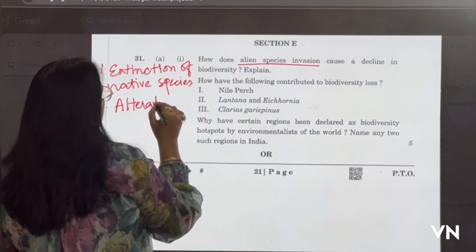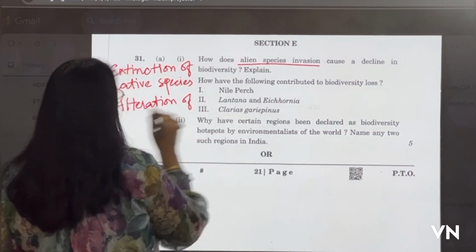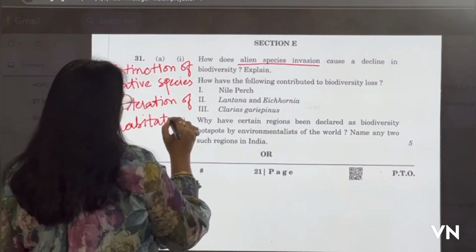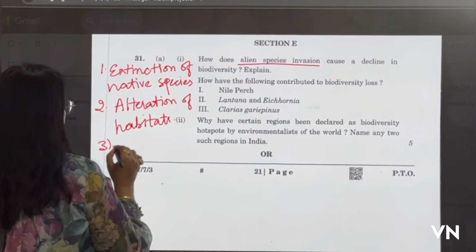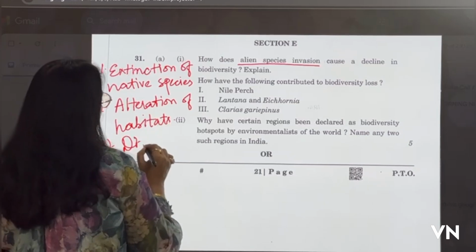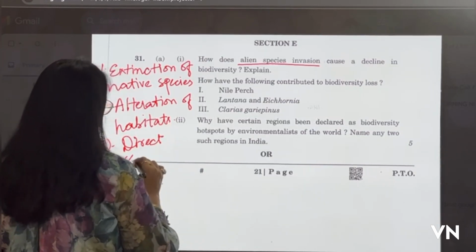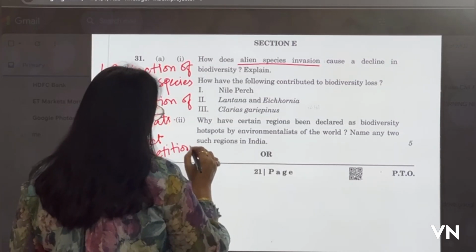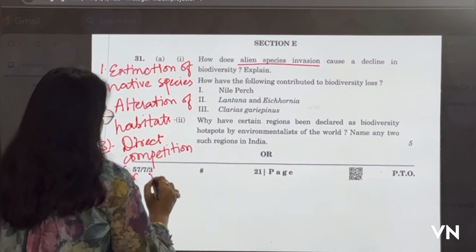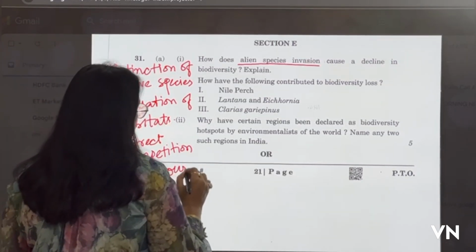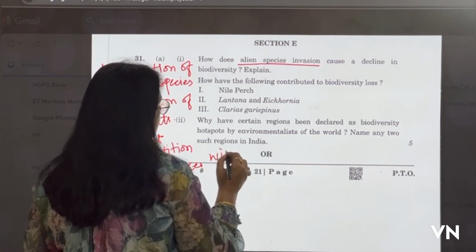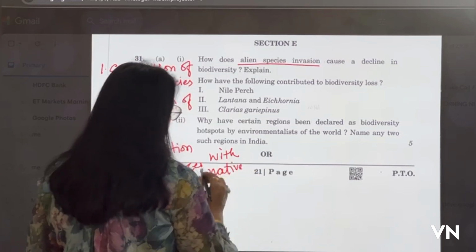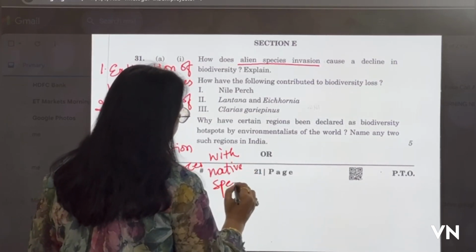Third, direct competition for resources with native species. So this way you will get 1.5 marks.